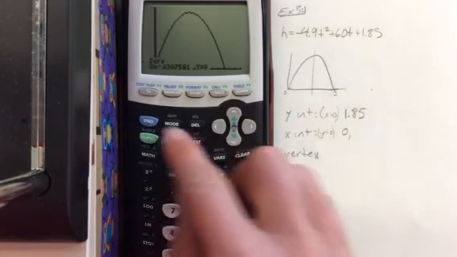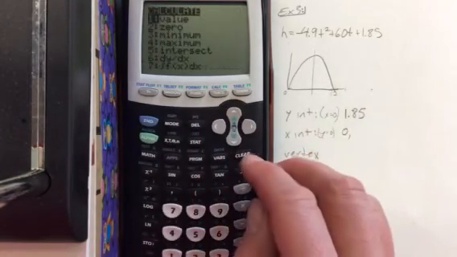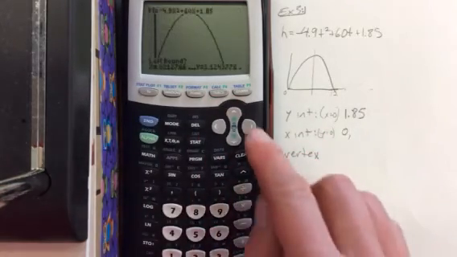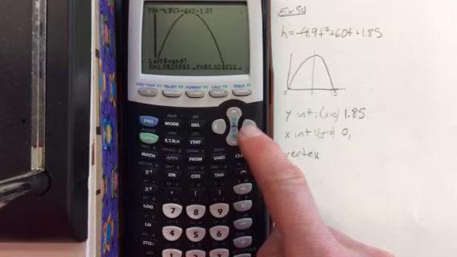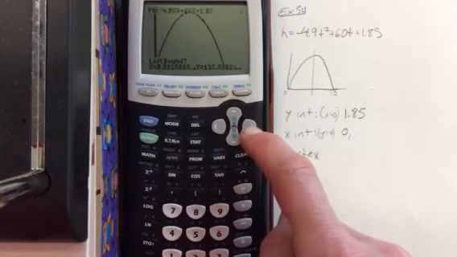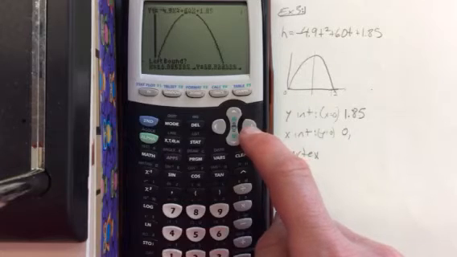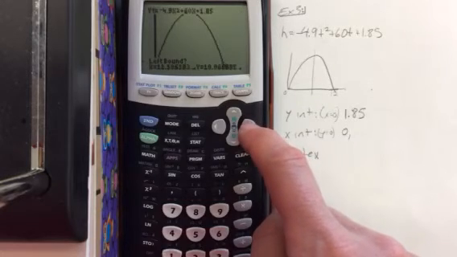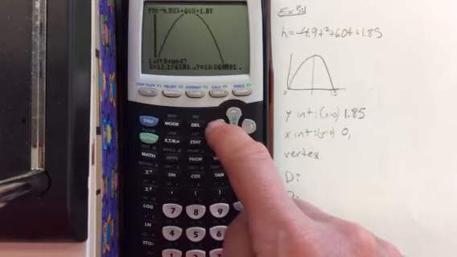And then I'm going to want to do that again. So second function calc again, zero. Have to reset that. And then you see the little guy moving along there? He's got to go all the way across to the other side. And he's going left bound, so I want to stop him before he gets negative this time. Before the y gets negative, sorry.